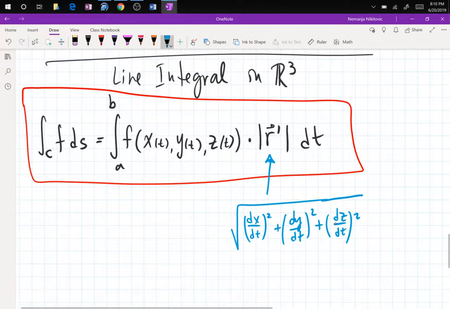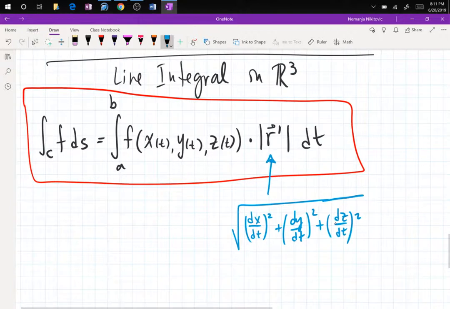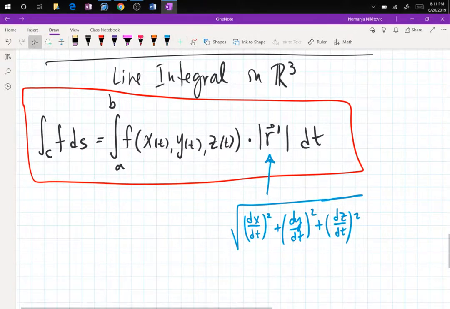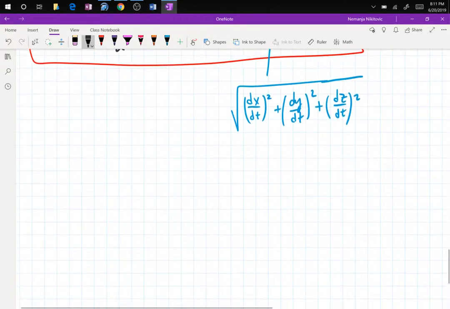I know you love parameterization, so let me find one of the XYZ parameterizations. The line segment from 1, 2, 3 to 5, 4, 0. We're going to practice that one as a very important skill. The rest is just plug and chug.